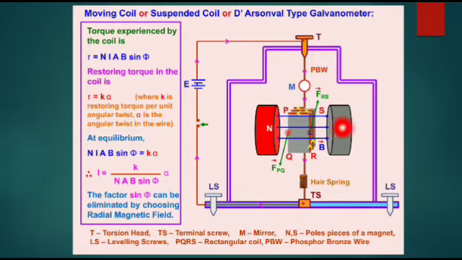When torque is experienced, the hairspring gets tighter and reaches maximum deflection. After this, due to the restoring couple, as we call it, the coil again gets deflected in the opposite direction.